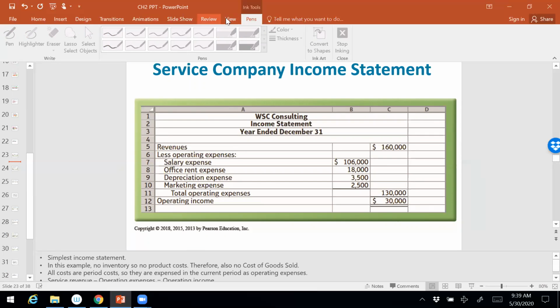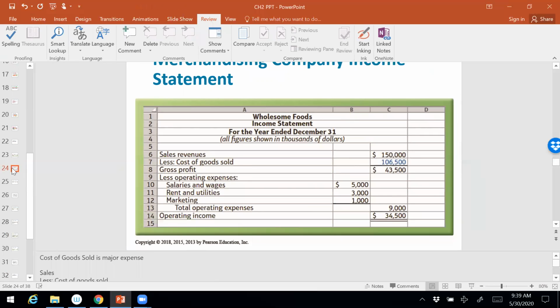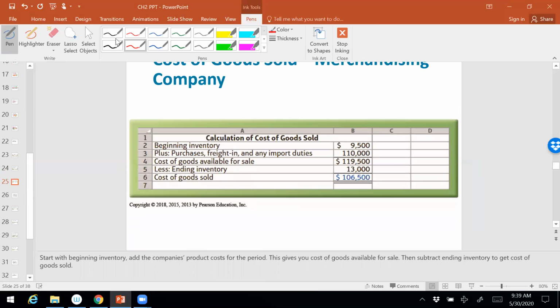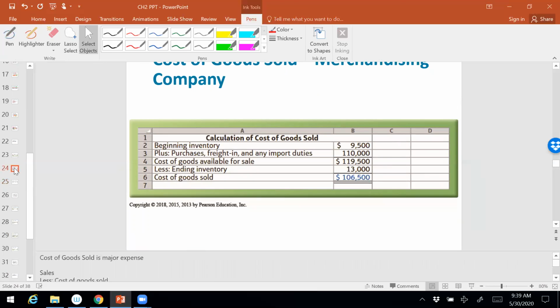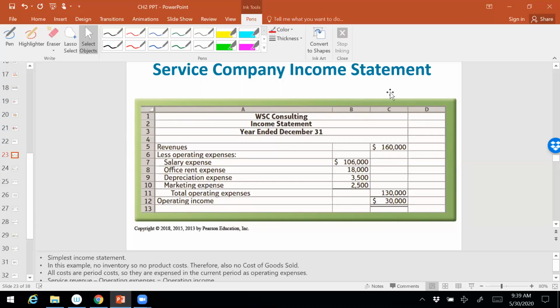When we talk about the income statement, the general idea is, remember, how do you get your income statement? It's always your revenue.